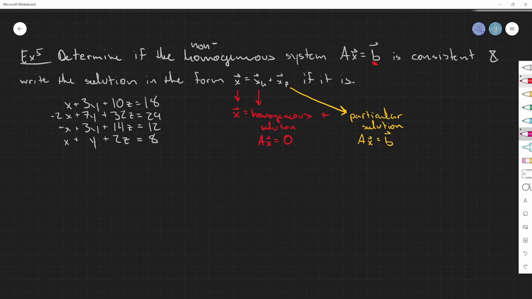So we're going to start doing that by writing matrix A and putting it in row reduced echelon form: 7, 32, -1, 3, 14, 1, 1, 2.